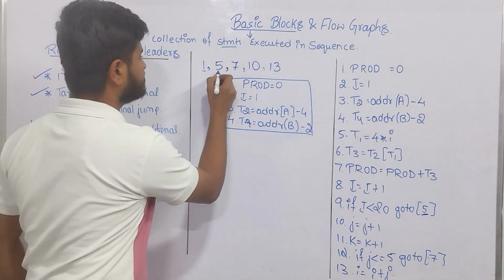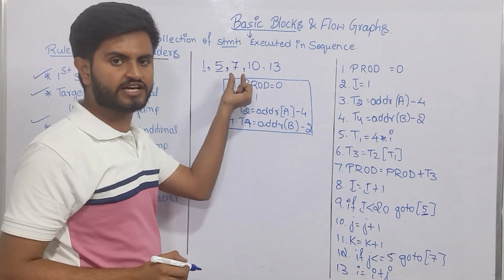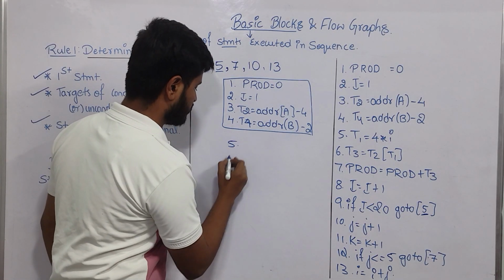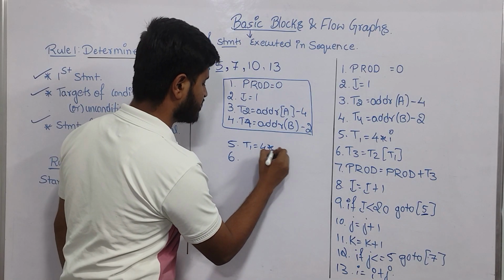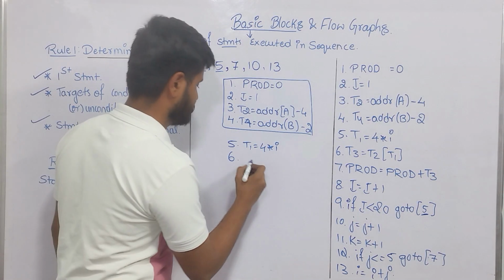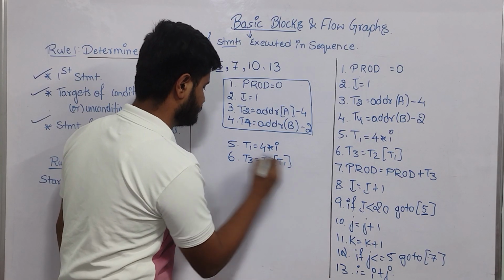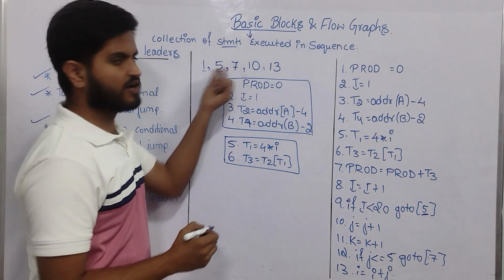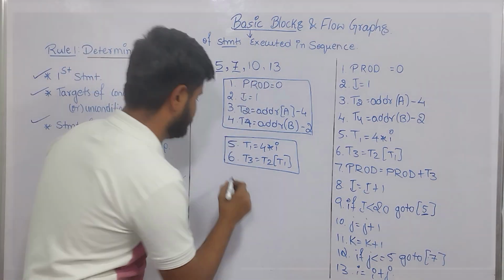Now you must start with the new leader, up to 6, because the next new leader starts from 7. So 5 and 6 will be a new block: T1 is equal to 4 star I, where star means multiplication, and T3 is equal to T2 into T1. Next, 7 to 9 you must write, because the next leader is at 10.